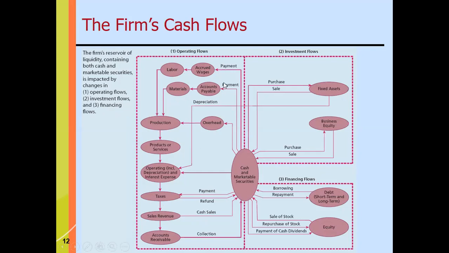Then investment will be for the purchase or sale of non-current assets or fixed assets. Financing flows would be for borrowing or repayment of long-term debt, and the equity will be these items, stocks and dividends. Although we have to respect that the point of view here sometimes, financing could also be short-term.